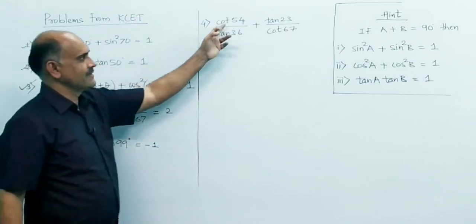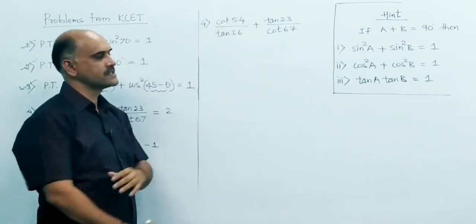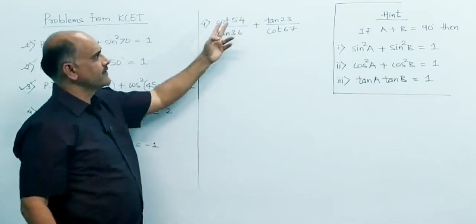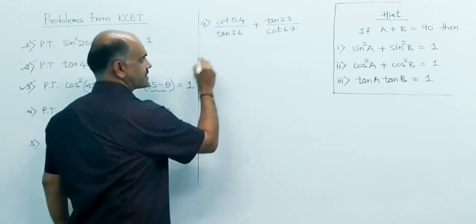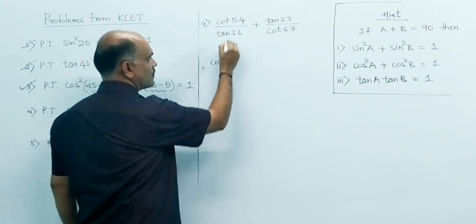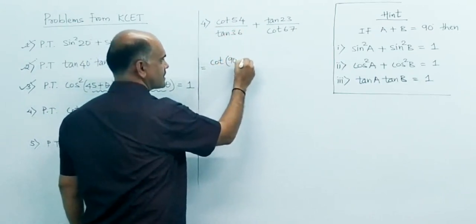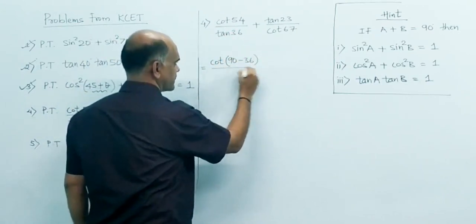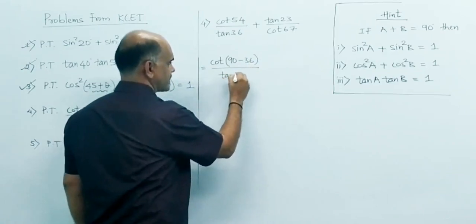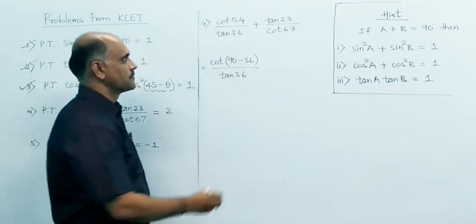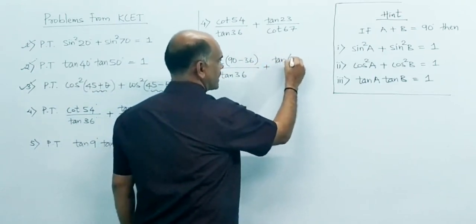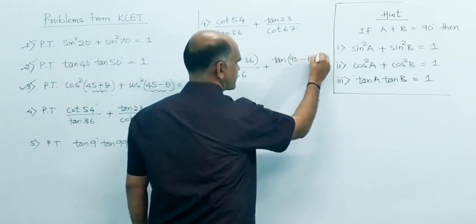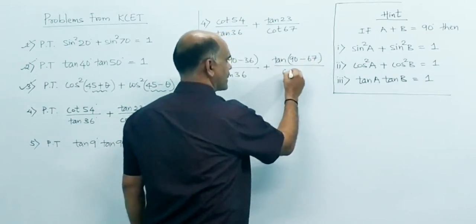Now I will convert this. I will write cot 54 as cot of 90 minus 36, denominator as it is, plus tan 23 as tan of 90 minus 67, denominator as it is.